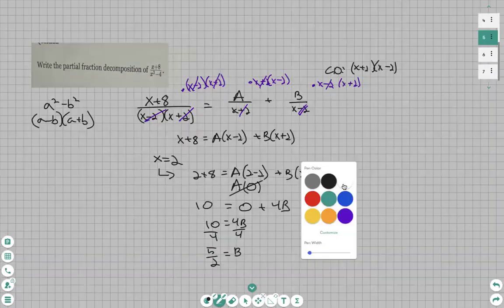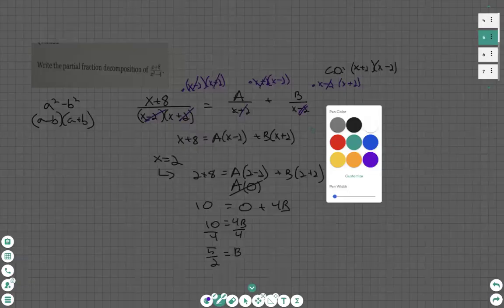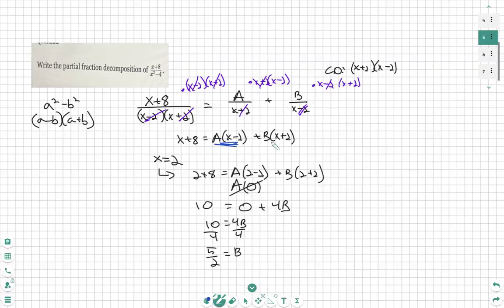Next, we're going to set x equal to another number to get A. So we want to set x equal to something that gets this to 0, and that would be x equal to negative 2. We plug that in. We have negative 2 + 8, A(-2 - 2) + B(-2 + 2).